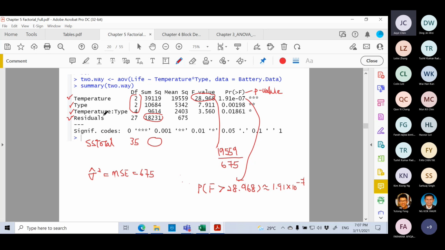The third, the temperature and type interaction, the p-value is also quite small. If we set alpha at the 5% level, you will reject the null hypothesis. Rejecting the null hypothesis means that the interaction effect will affect your results. So this is the result you get from the ANOVA in R.